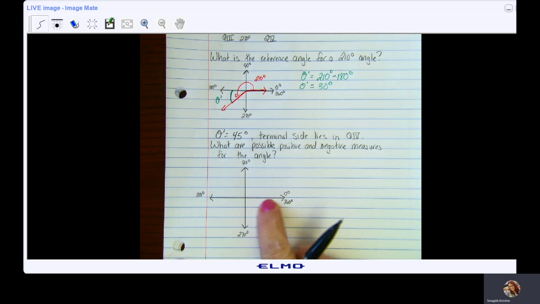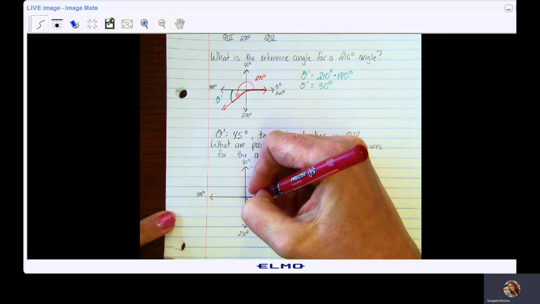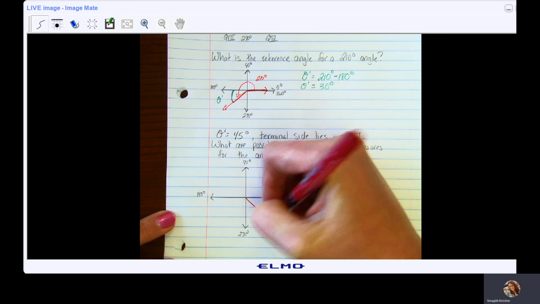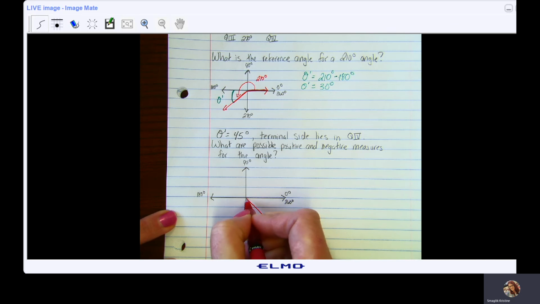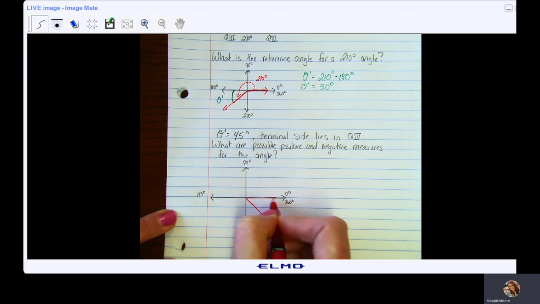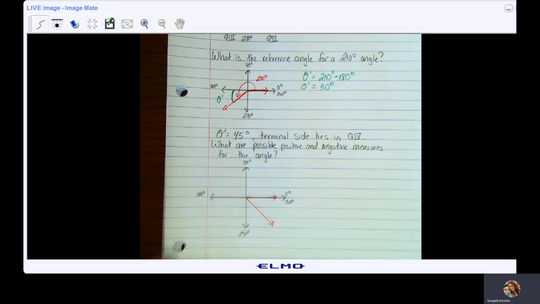So that means from this x-axis to my terminal side of the angle is 45 degrees. So that means the terminal side of my angle is right here. Your initial side always lies right here. There's my angle.